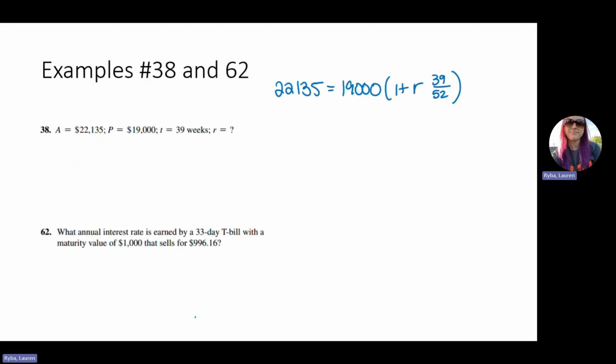Generally, what I like to do first is divide out that 19,000. So if I take 22,135 divided by 19,000, I get 1.165 equals 1 plus R times 39 over 52.